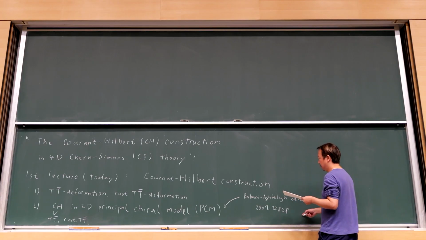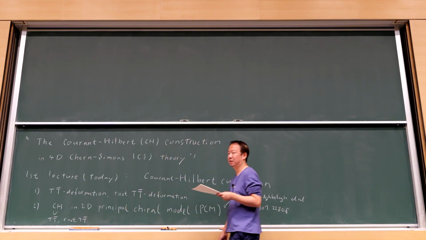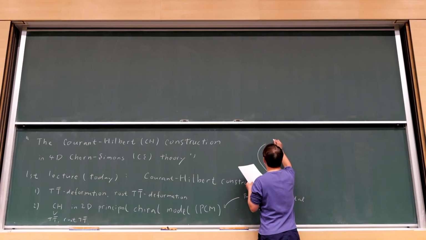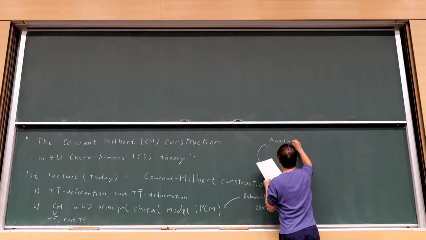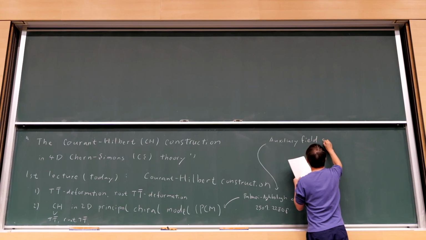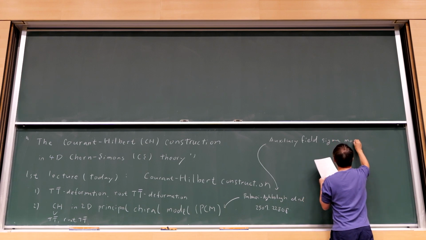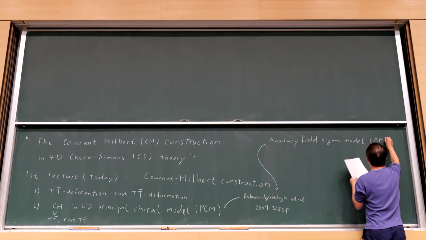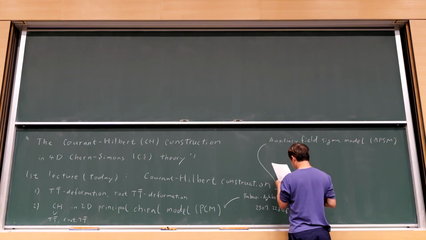The content of this Courant-Hilbert construction in the two-dimensional principal chiral model is closely related to the auxiliary field sigma model, abbreviated as AFSM.